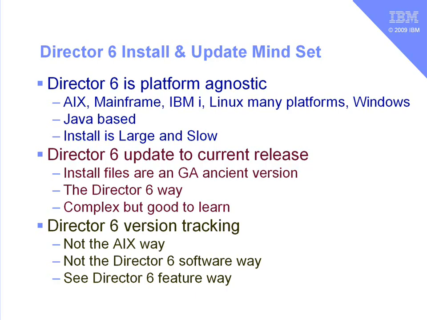If you use Director6 and do inventory on the machine in which you're running Director6 itself and look at the software versions, that will report the same way as AIX does. And so that won't actually change. You actually have to look at the Director6 features part of the inventory for the machine running Director6, and then you'll find that those updates that you've just done were actually implemented and now available.